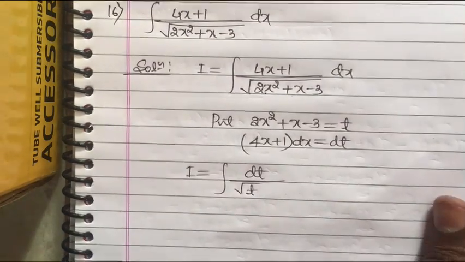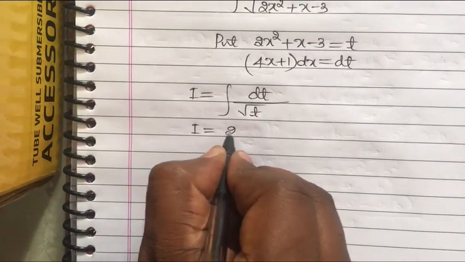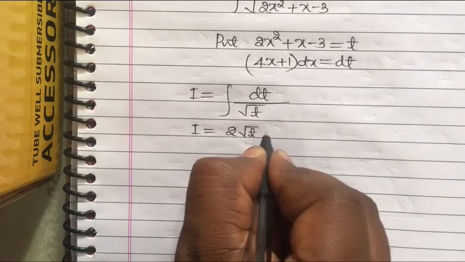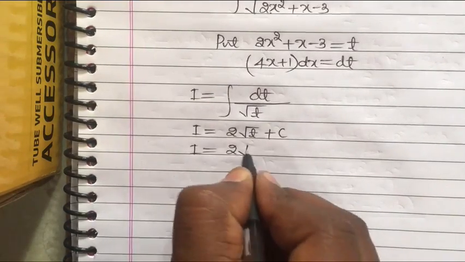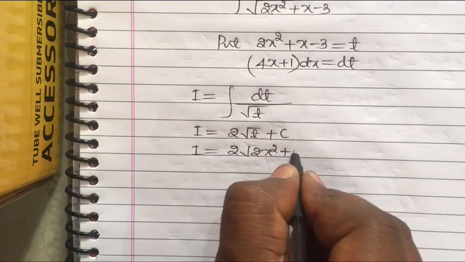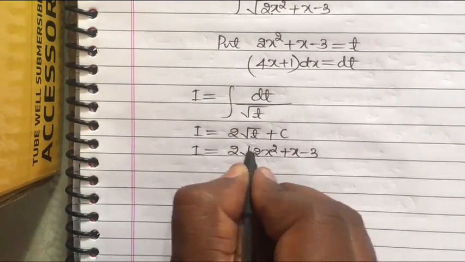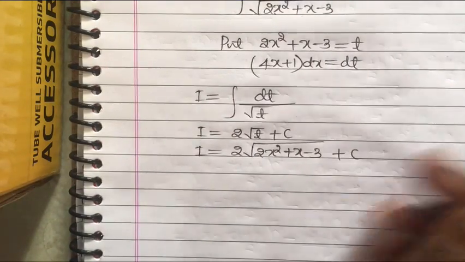What is integral dx by root x? It is 2 root x plus c. 2 times root t plus c. So I is equal to 2 times root of, what is t here? It is 2x square plus x minus 3, plus c.